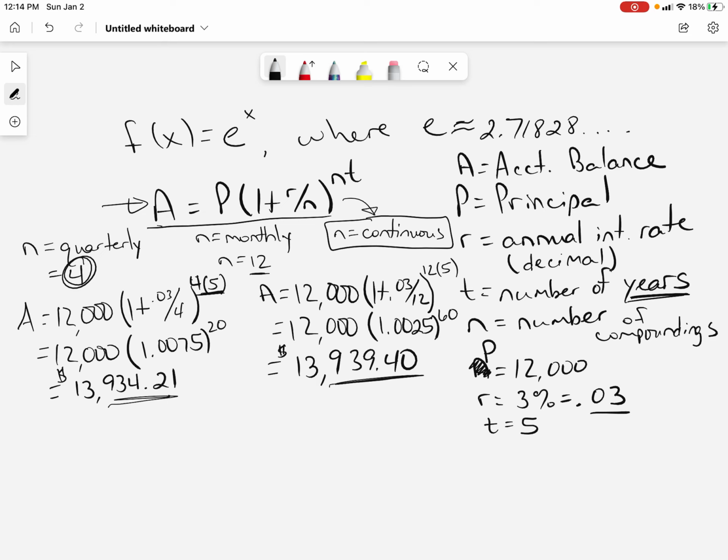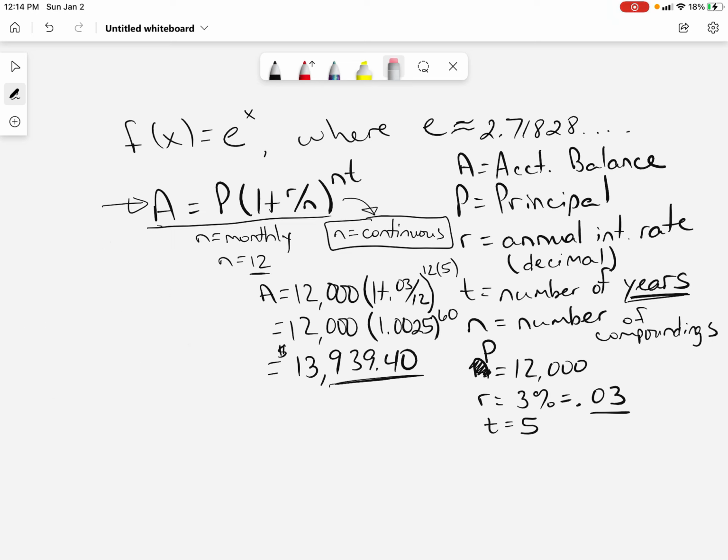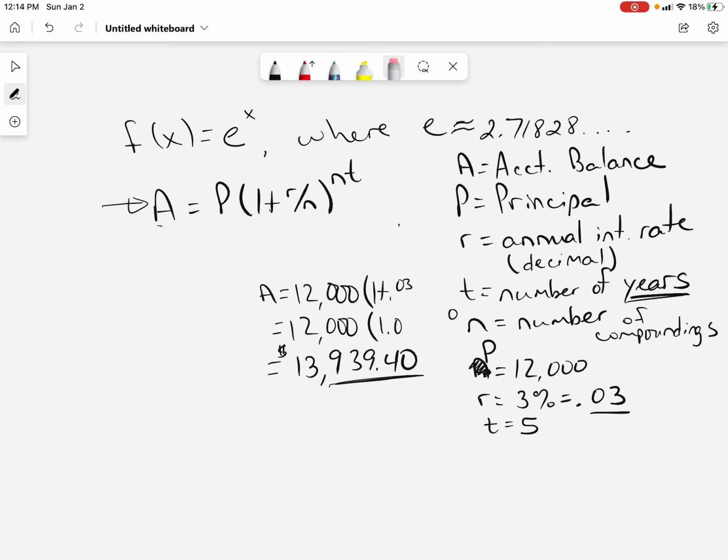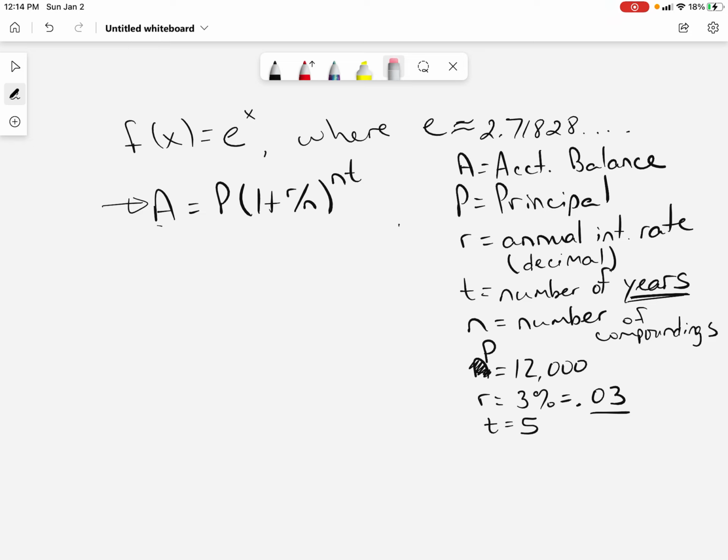Now let's do continuous. Continuous means that you are constantly earning interest and gaining interest on your interest. So I'm going to show you the formula for that. So what happens when you do that is you get this new formula, A equals P e^(rt). So the formula changes.